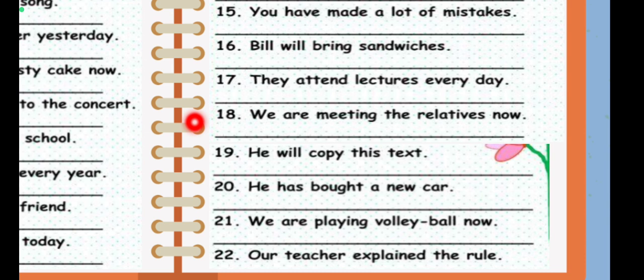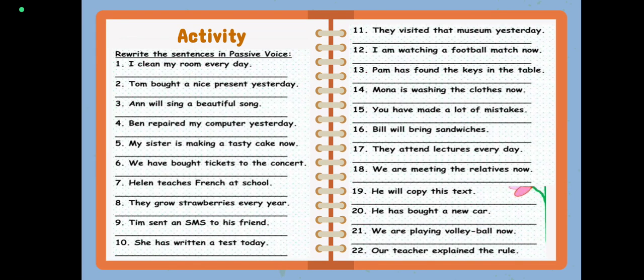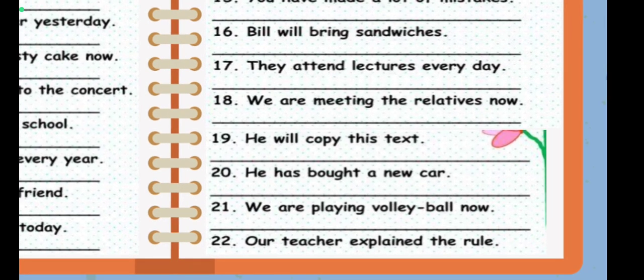The relative is the object. The relative is being meeting by them.